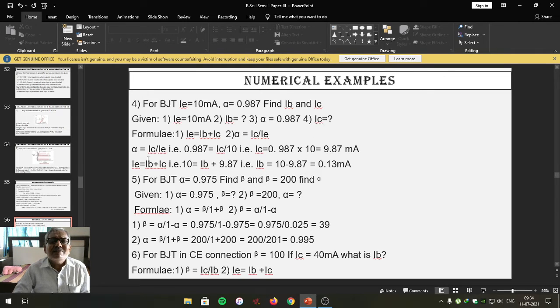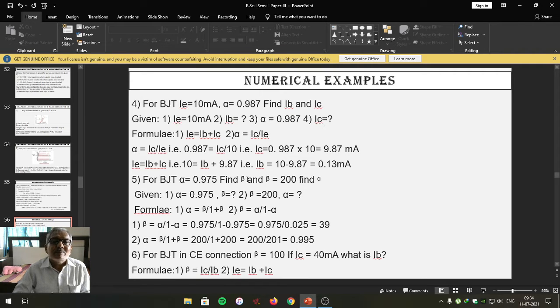So these examples are somewhat tricky, and you have to remember two formulas to solve these examples. Next example for which you have to proceed. Again, for BJT, alpha is equal to 0.975. Find beta.